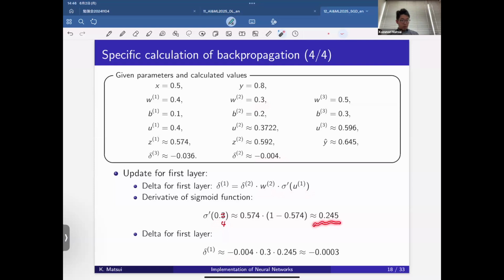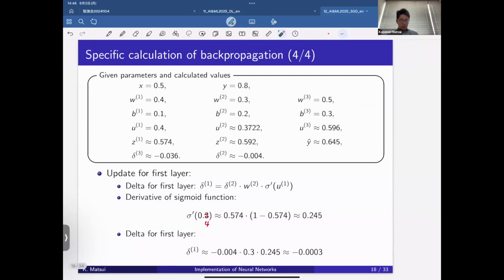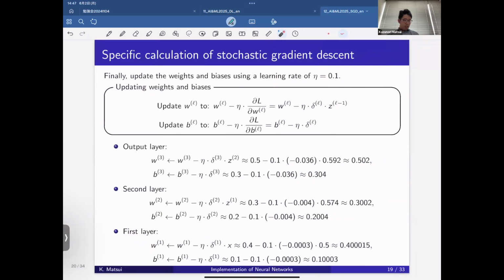So when we multiply these, we get minus 0.0003. This is how delta was determined. Since delta is determined, the values of partial derivatives for updating weights and biases are determined.